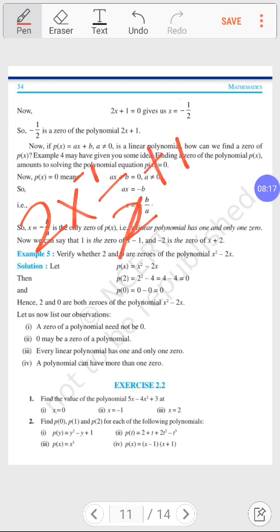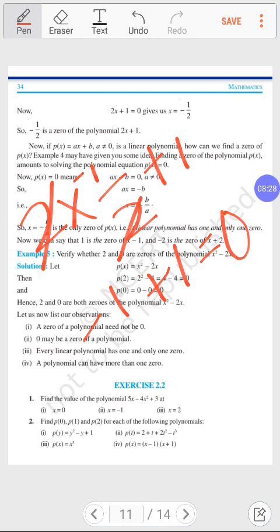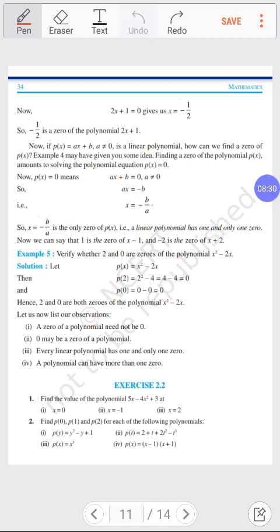Does it come 0? The 2 got cancelled, then there is minus 1 plus 1, and when we add, this becomes 0. So this is the 0 of the polynomial. For the value x is equal to minus 1 by 2, the polynomial becomes 0.